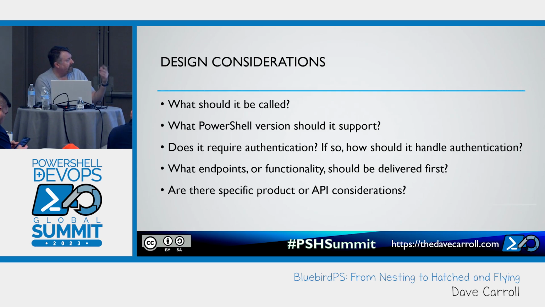And also, are there any specific product or API considerations that you need to consider? Like with the Twitter API v2, there are things called field expansions, and I think there's something else.